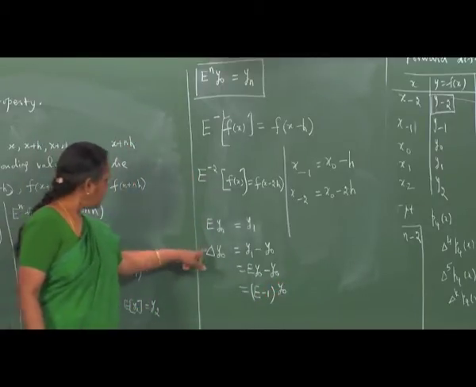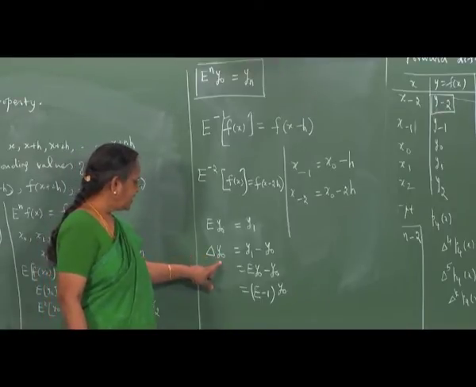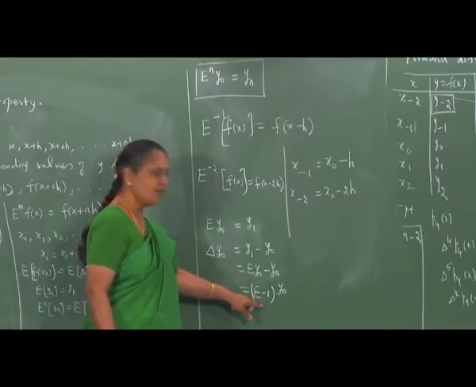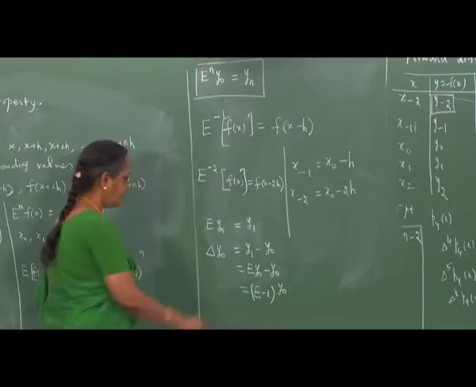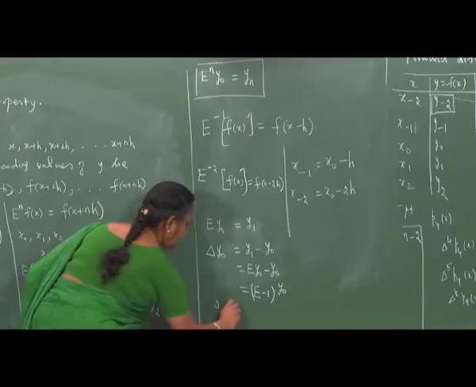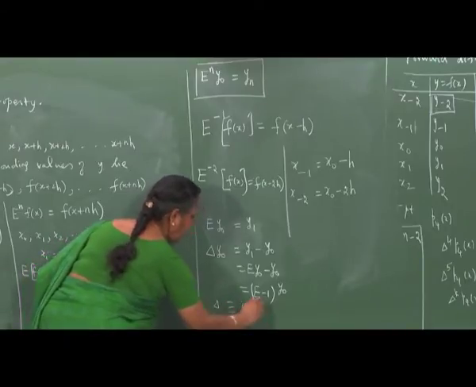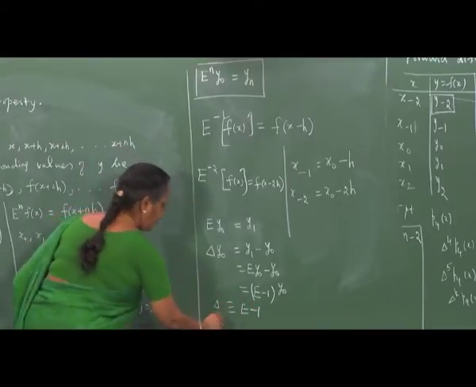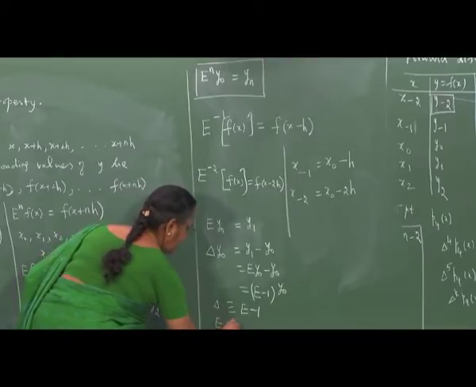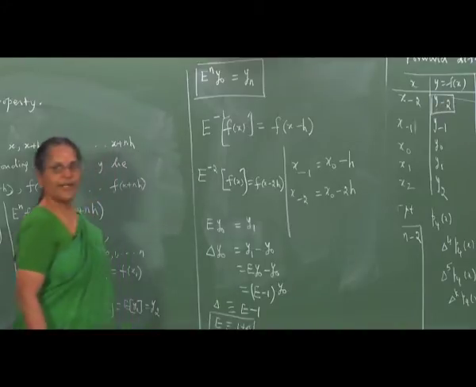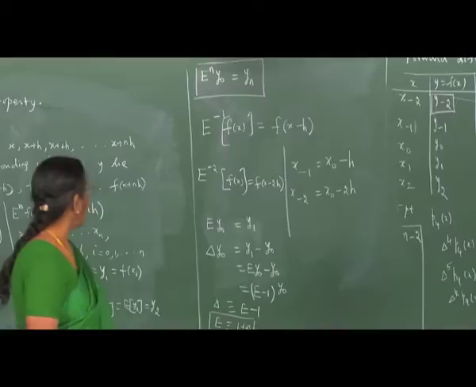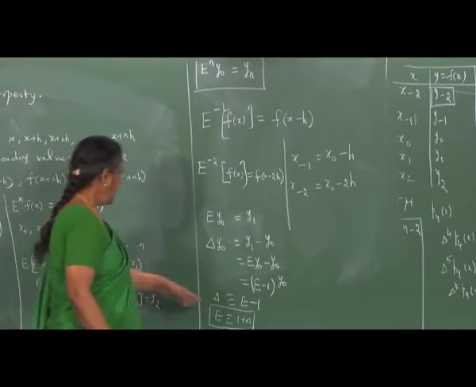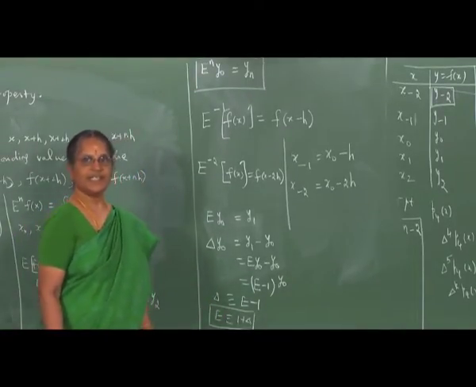So, the role of delta on y naught is identically the same as the role of the operator E minus 1 on y naught. So, delta is related to E minus 1 by delta is equal to E minus 1, or E is 1 plus delta. So, the shift operator and the forward difference operator are related by E is equal to 1 plus delta.